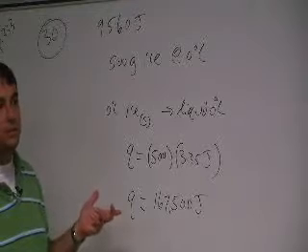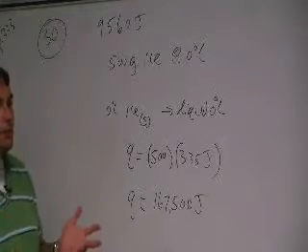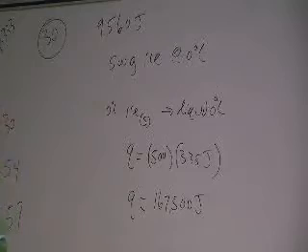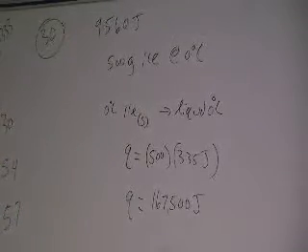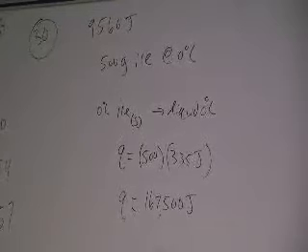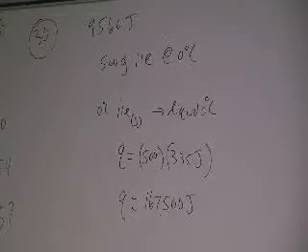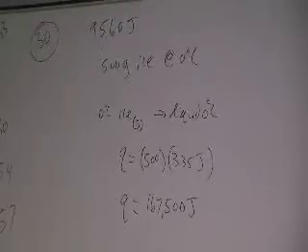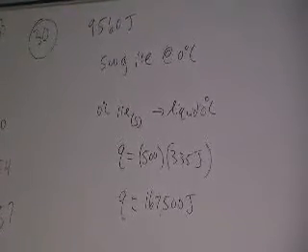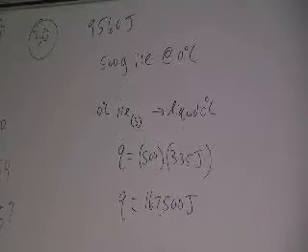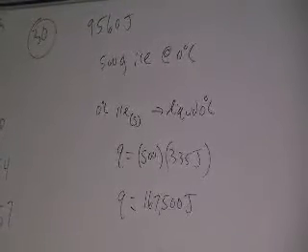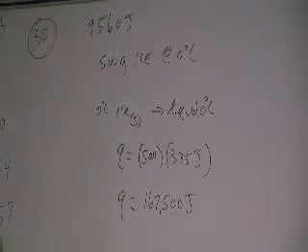Does that make sense? Am I interpreting the problem right? I mean, let's read it here. It says, if that much joules of energy were absorbed by 500 grams of ice, what would be the final temperature? 0. That's the answer. 0.